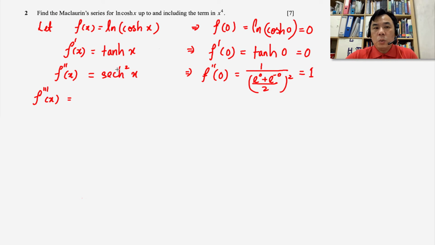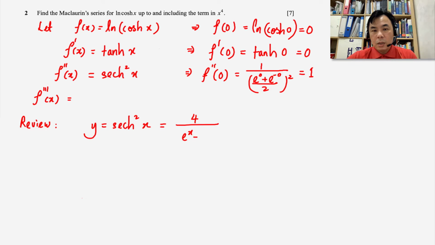Now just to recap, for checking purposes, we know that we are at this point right now, which is secant squared x, and that is exactly the same as this one here. Now I'm going to rewrite that. That's exactly the same as 4 over (e^x + e^-x) squared.